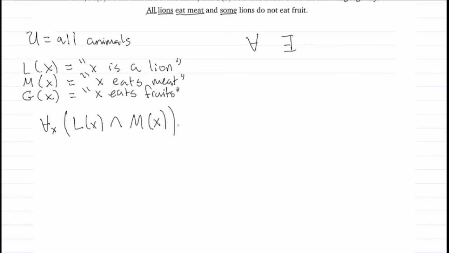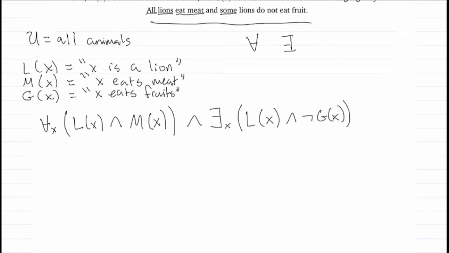Now it also says and some lions, so we have an and connecting the two statements, and now we have some lions. So again we have to state that this is a lion, L of x, and we and this together and say that they do not eat fruit, so we just negate our predicate.